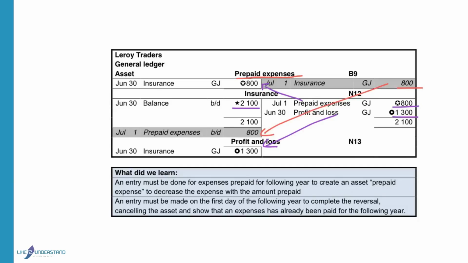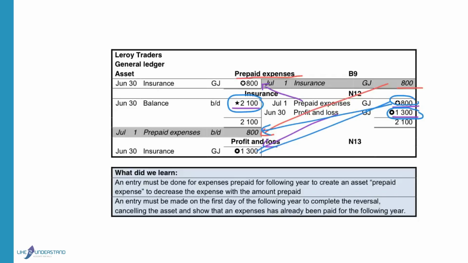We had paid an amount of 2,100. We determined that only 1,300 is for the current year, so we actually worked out a balancing figure, and we said that there's 800 that's not for the current year, and that 800 must go to the prepaid expense account.